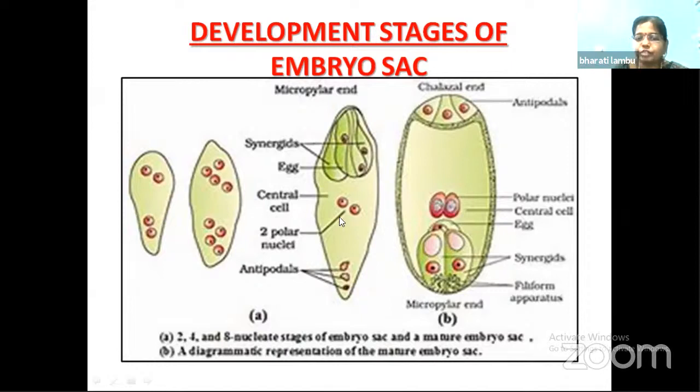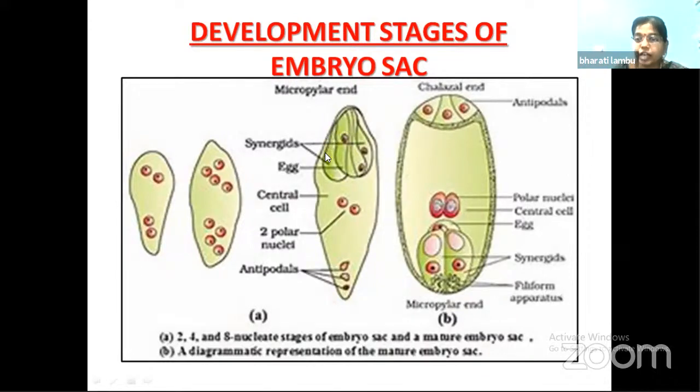After movement of the 2 nuclei to the central part, cell wall formation will take place. And then at the top, near the micropylar end, 3 nuclei will develop cell wall and form 2 synergids and 1 egg. This structure is called the egg apparatus.